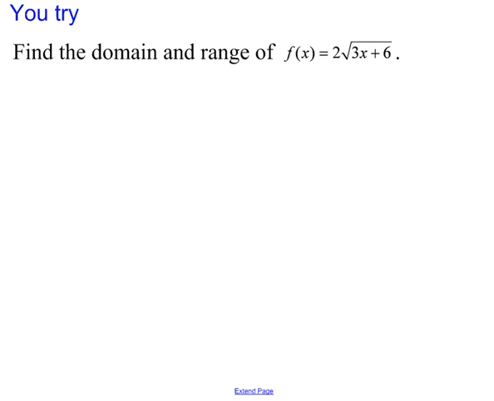Okay, so here we have an example. I want you to try it. See if you can find the domain and the range of this function. So to get the domain, you're going to set the radicand greater than or equal to 0, and you're going to get x is greater than or equal to negative 2. So that's the domain.